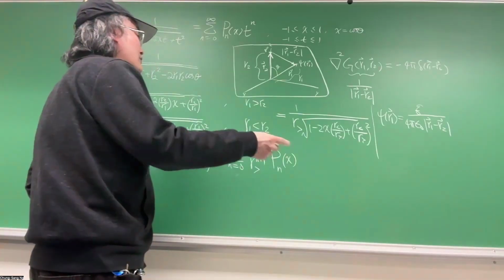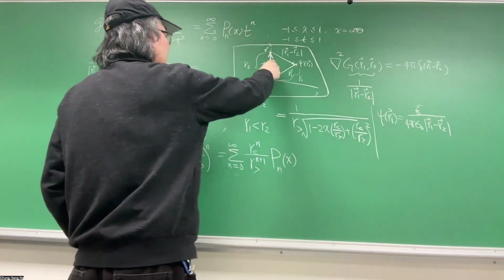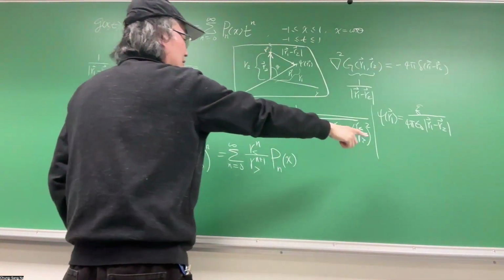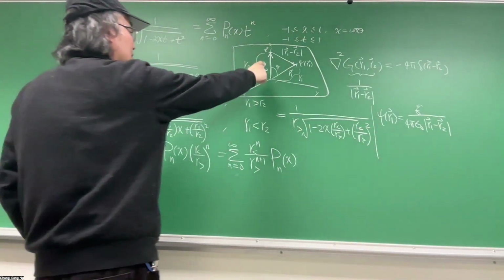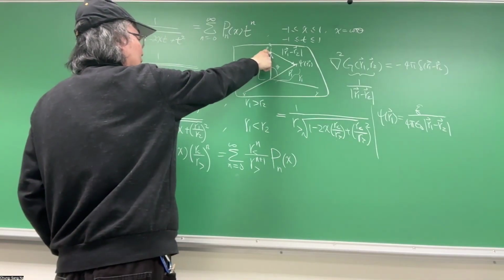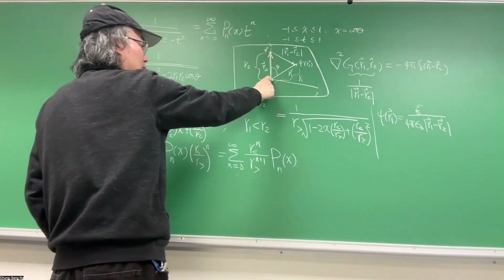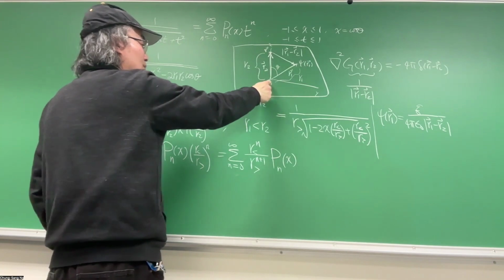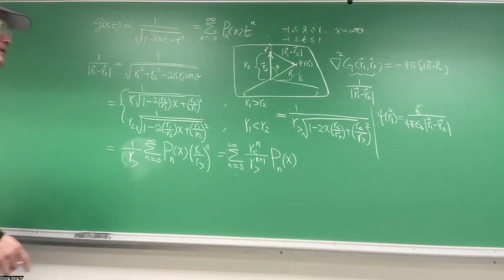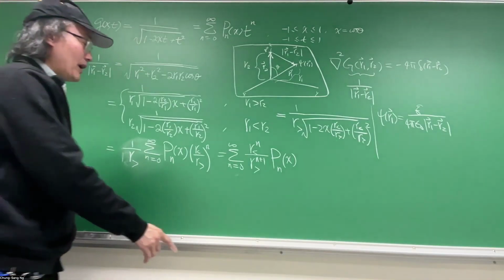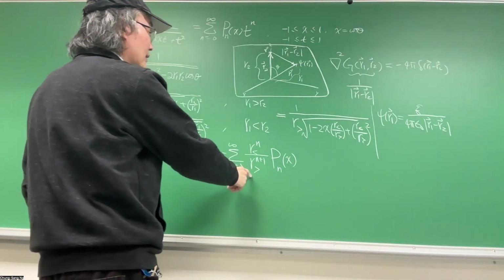If you have a charge distribution, even if just one point charge, just like that. If this is a point charge, but you consider this is off the origin, it's not put on the origin. Putting it on the origin obviously is simple, but if you put it off origin, then the potential will be given by this one.